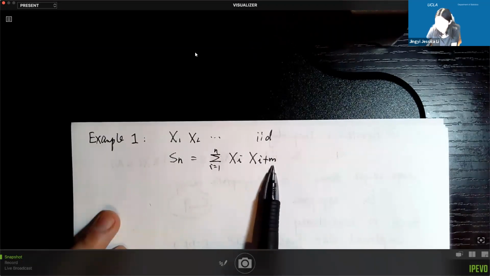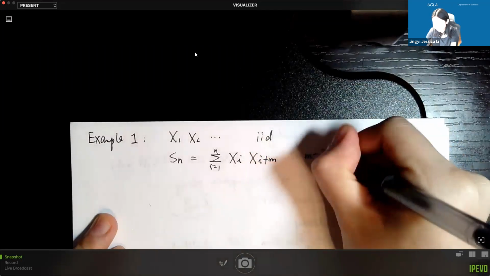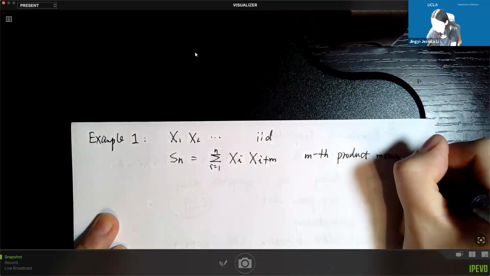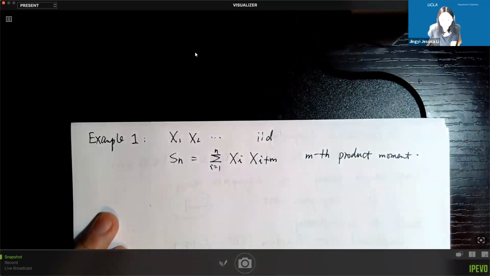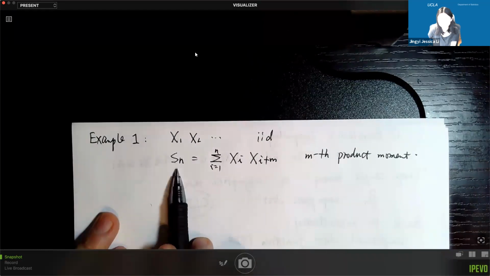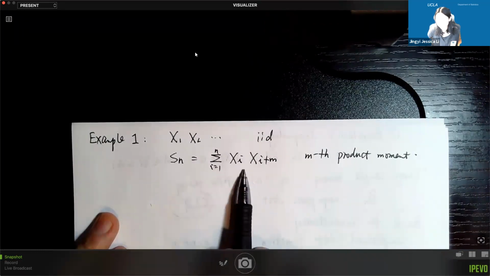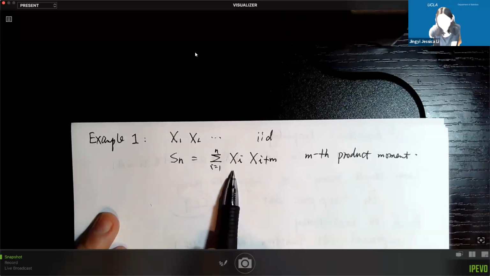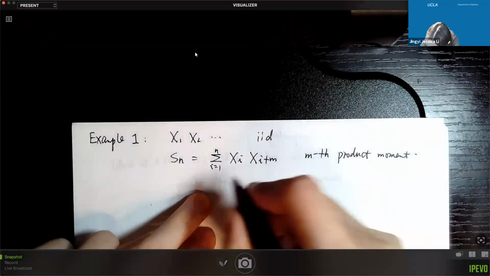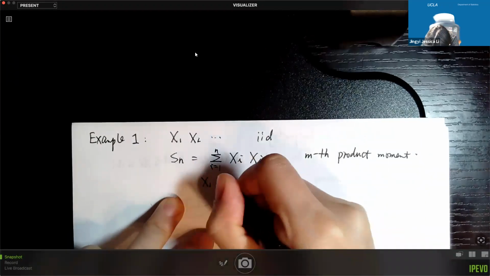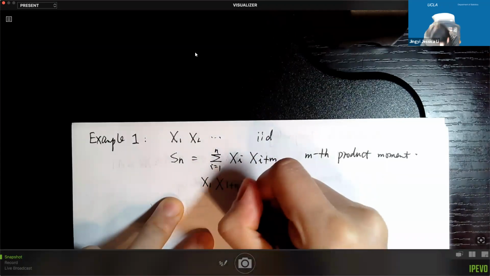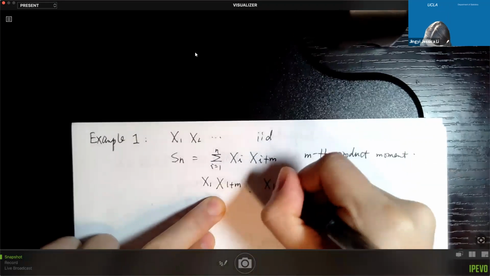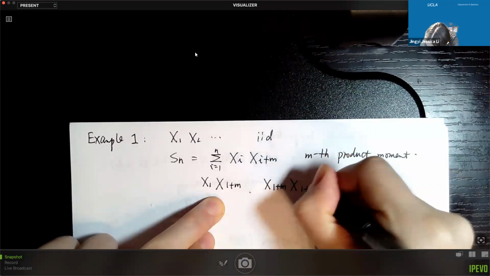This actually has a name, it's called the mth product moment. And if I'm interested in its asymptotic distribution, then I'm not having IID terms here. Why is that? In the summation, I will have x1 times x1 plus m, and I can also have a term x1 plus m times x1 plus 2m.